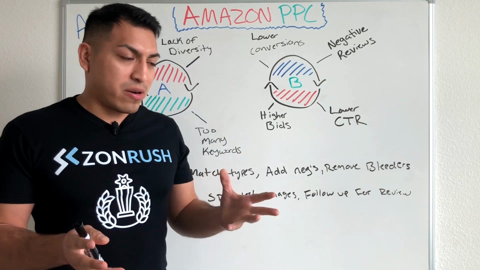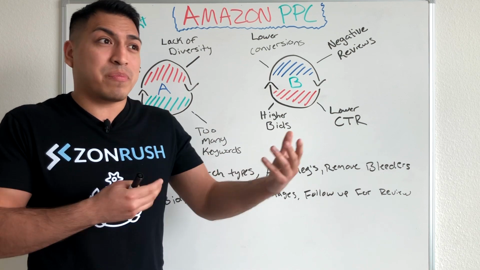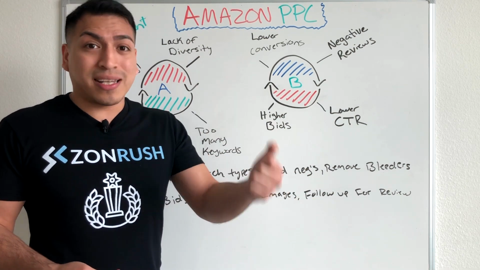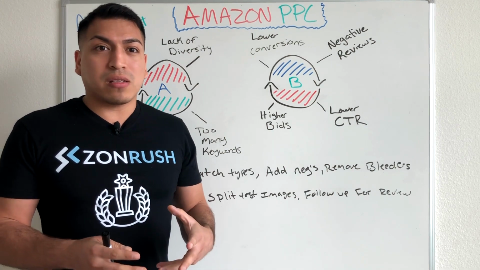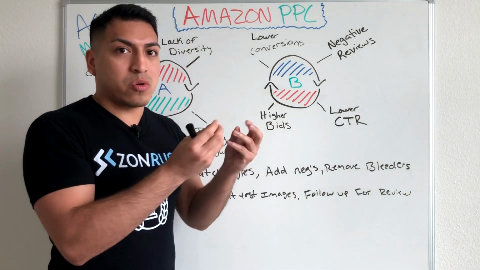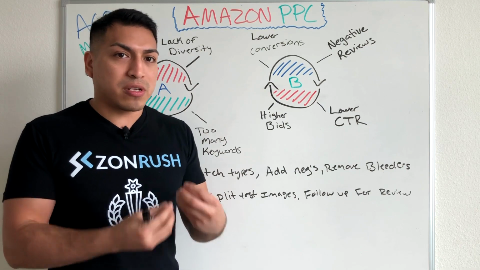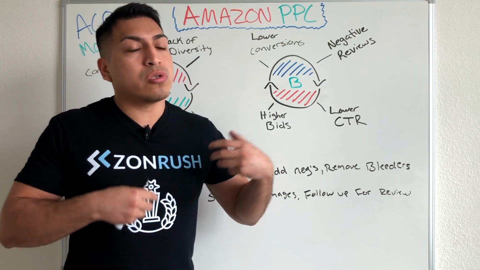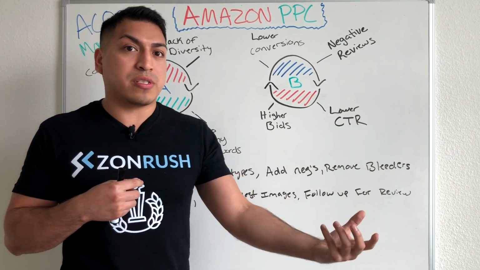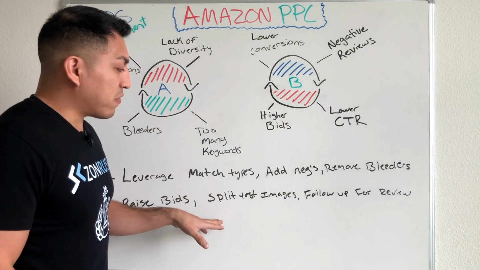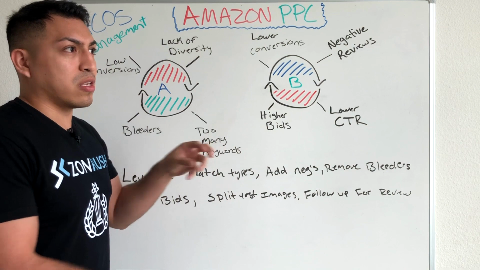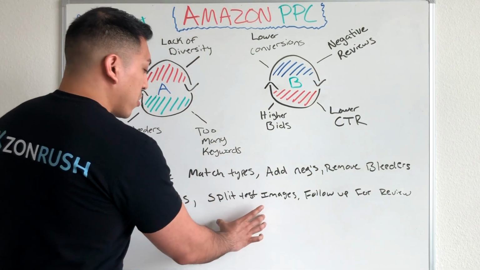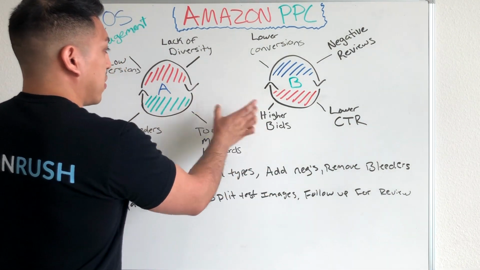Maybe your competitor who's offering something very similar has a better main image, so it's more clickable. You have to remember, though we like to think we buy based on logic, what's appealing to our eyes and what captures an emotional response from us usually leads to our purchasing behavior. So if you have to, split test your image, but this is going to be interchangeable for both of these, okay?